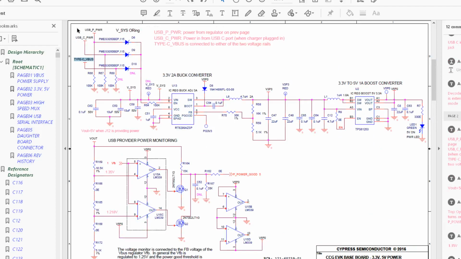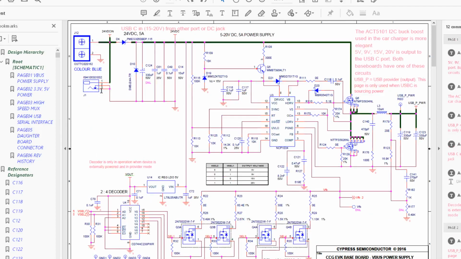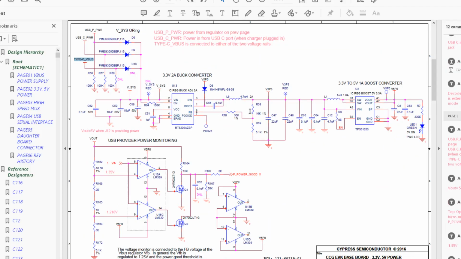Alright, so either is powered up, and this page doesn't care whether you've got something populated here or you're sinking power from the Type-C port. Either one of those, and you've got a buck converter. Also, this page assumes that you don't have power on both sides.